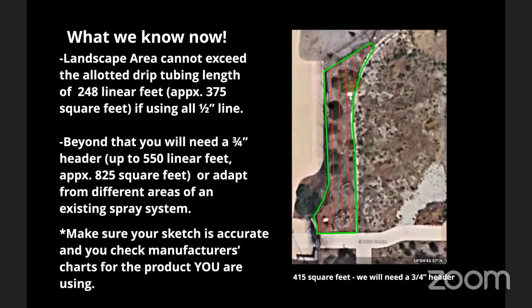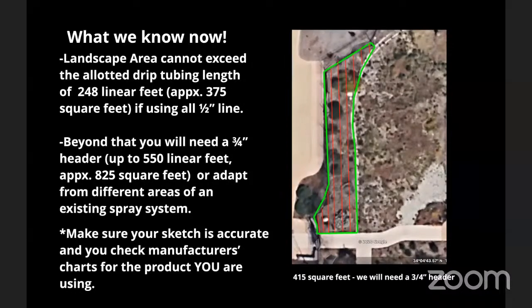We know that we are going to be doing some sort of long layout, and based on our soil type, we know that we're going to be buying drip line that has 0.9 gallons per hour emitters spaced 1 foot apart down the line and 18 inches apart across from each other. So we can start to, based on our measurements of the area, understand how many lines we'll need and figure out how many linear feet that is.